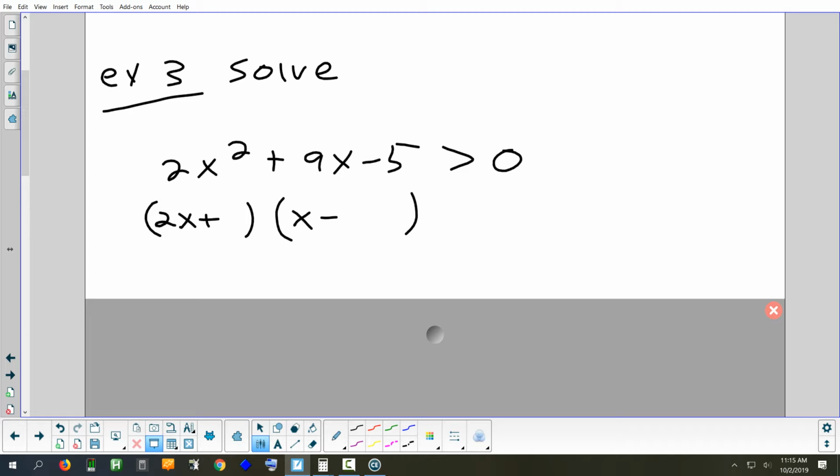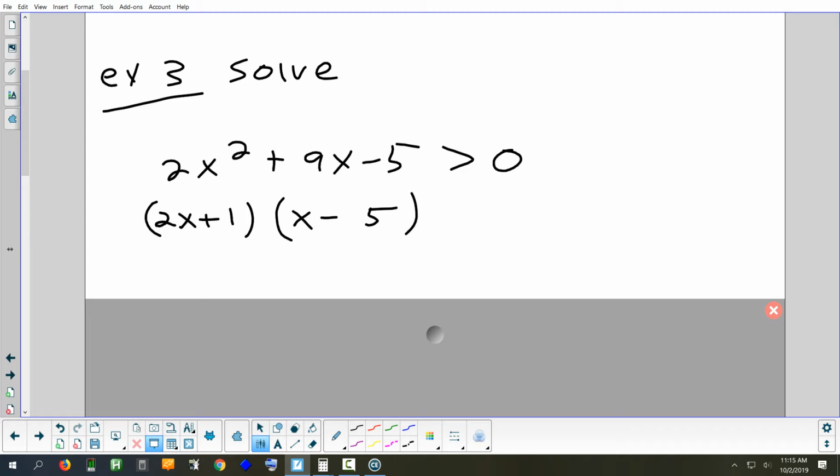No. That's 15. So 5's prime, so there's only one way, unless you're going to use fractions, but we don't use fractions with this. Yep. 5 and 1. Okay. I'm not going to put them in that order because, well, you'll see why. I'm going to try 1 and 5.